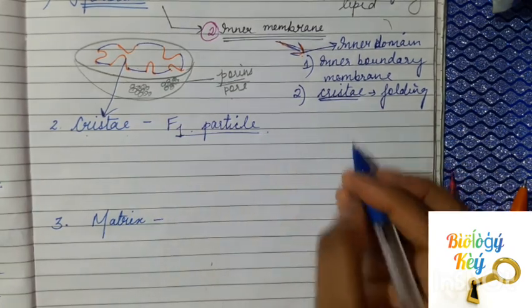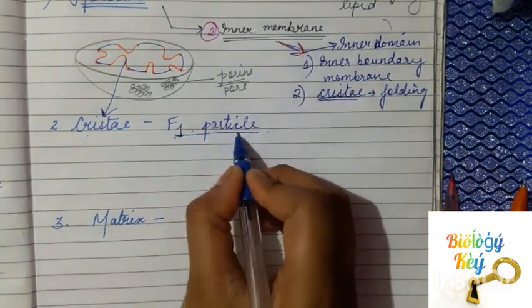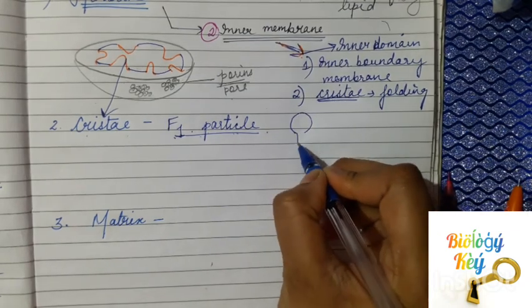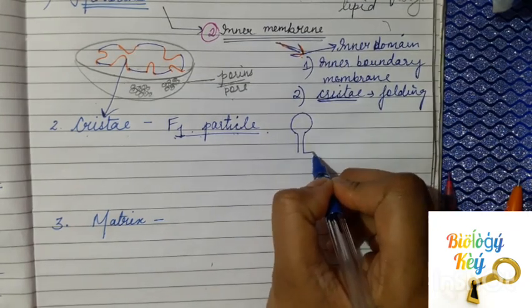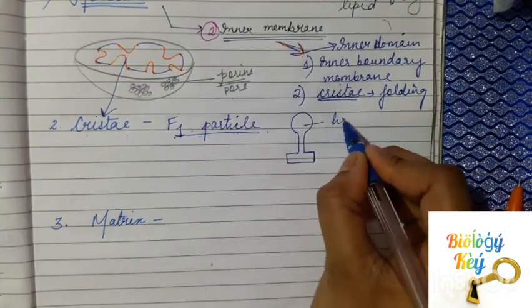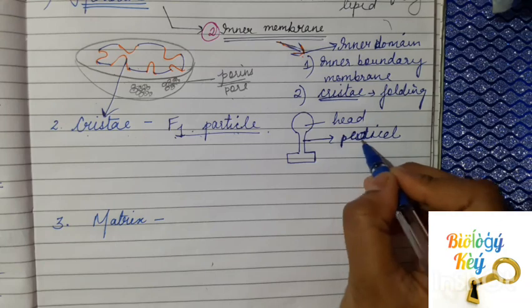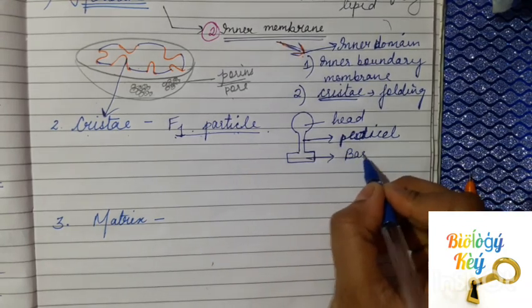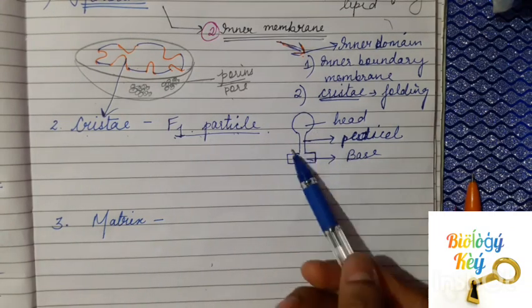This inner membrane consists of this F1 particle, and this F1 particle looks like this. It consists of a head, pedicel and base. What is the main role of this F1 particle?